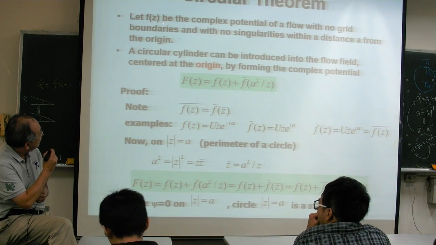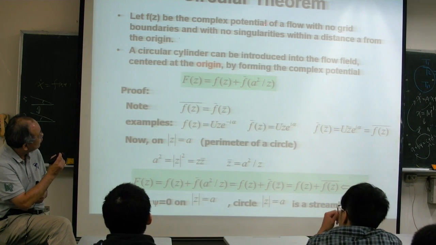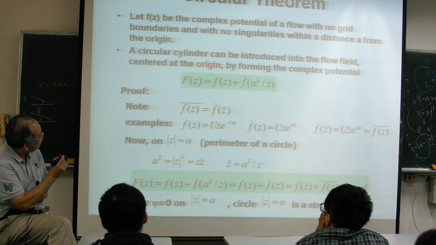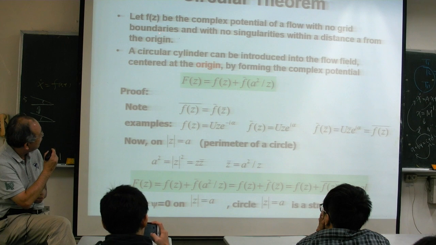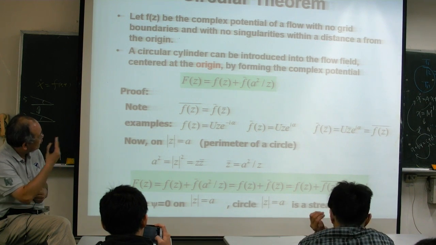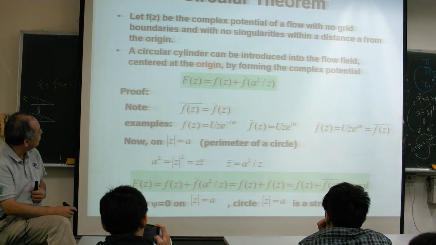If you have F(z), a complex potential for a basic flow, with no singularity and no solid boundary, only a very simple potential flow.